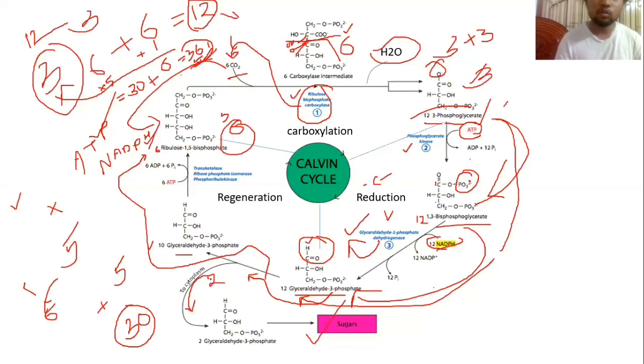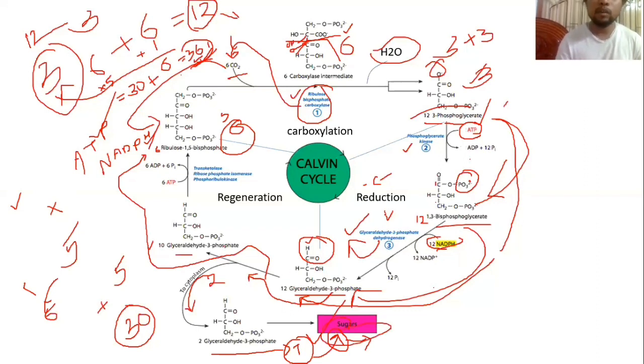Now these 2 molecules of glyceraldehyde 3-phosphate will go into the cytoplasm. Here it will be converted into triose phosphate. This triose phosphate will give rise to the organic compound that is the main essential compound of photosynthesis. The result of our photosynthesis will give rise to sugar molecules.